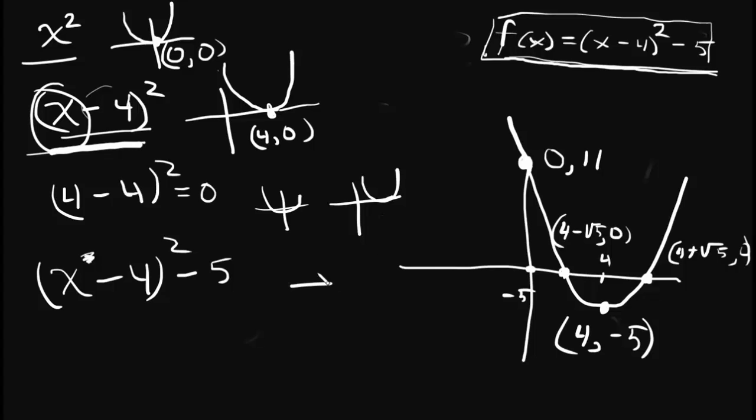And that simply takes the entire operation and moves it down 5 points to -5. So this part of the function, outside of this whole business involving x, the plain old number on the end, lets you know how the y height has been modified. And thus we have (4, -5) as the point where the vertex touches down.